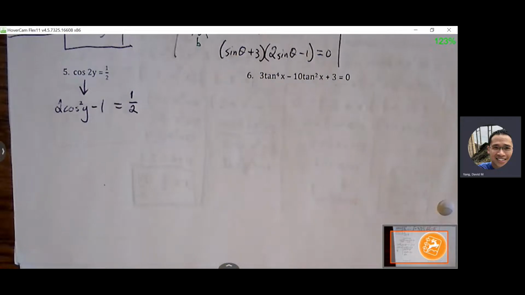Okay, questions there? So now we just solve it like how we normally would, right? Add the 1, divide by 2. See if we can get it down to something that we recognize.